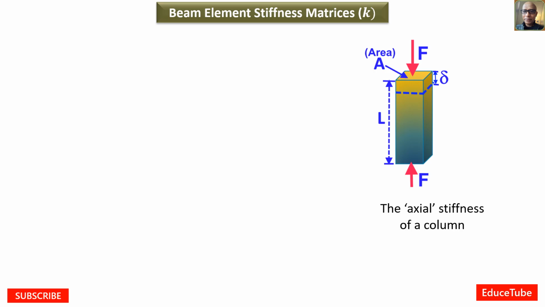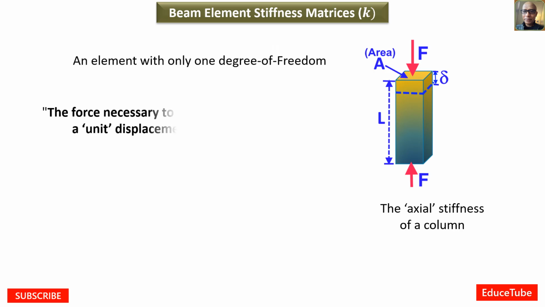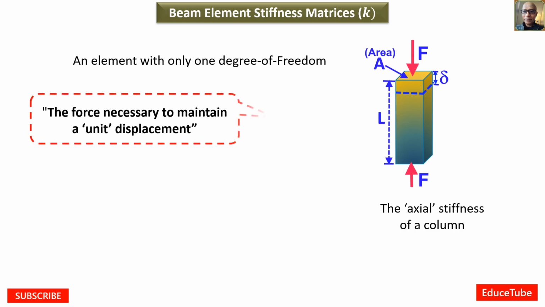For this reason, the matrix and the vectors can be written like this one. Here we can see the force necessary to maintain a unit displacement. This is the definition of stiffness.